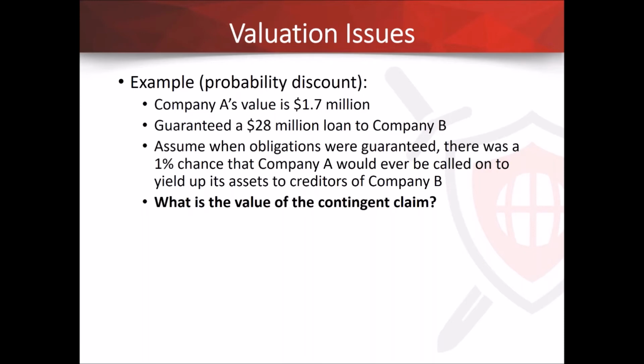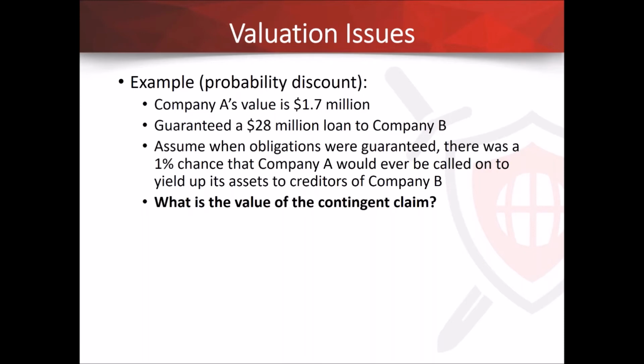So if company A is conducting an analysis, or let's say you're doing this from a personal perspective in connection with some asset protection, you've got a business and you've got to figure out, what's the value of my business and how do I account for this claim? It could be a real estate investment, or any business where you have a holding company because you've already done some planning with Gary, and a bank says, that's great that you have this single asset entity that's going to borrow money, but we need to get some value from somewhere else, so we're going to make you and your other company guarantee the loan.